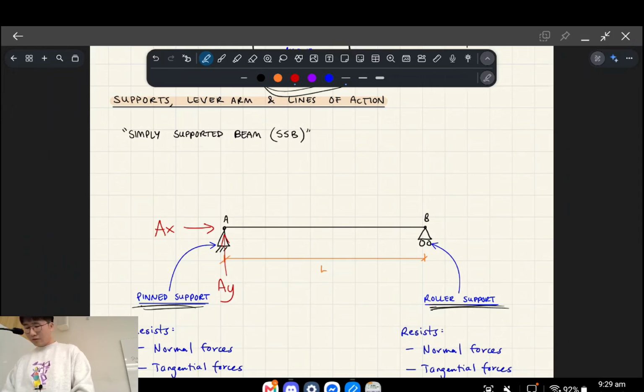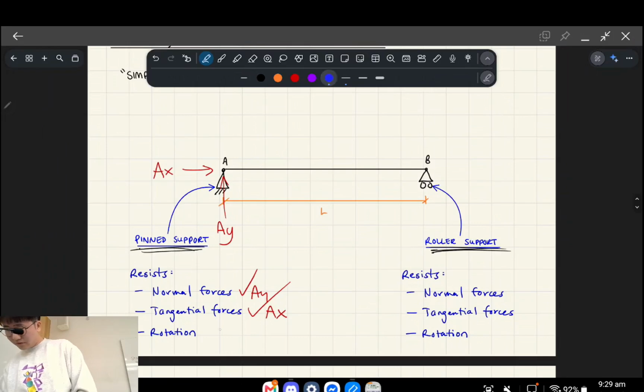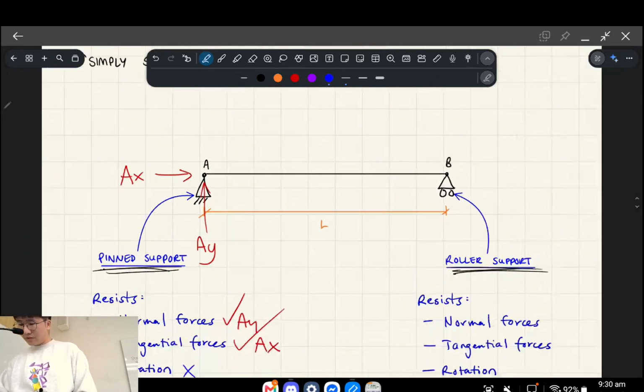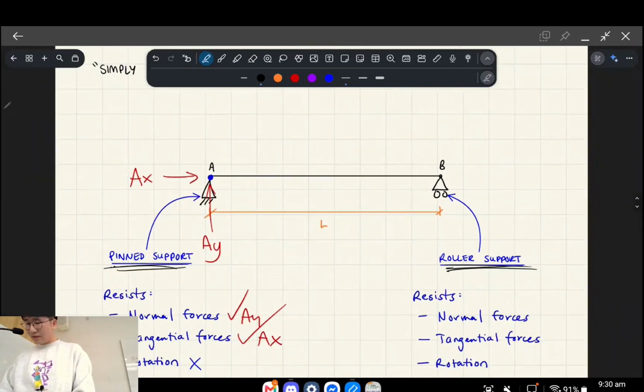It resists the normal forces, which is through AY, and it resists the tangential forces, which is AX. But it doesn't resist rotation. So you can see here with this little dot, I'm representing that this pin support allows for free rotation, like a hinge, like your elbow or something like that.